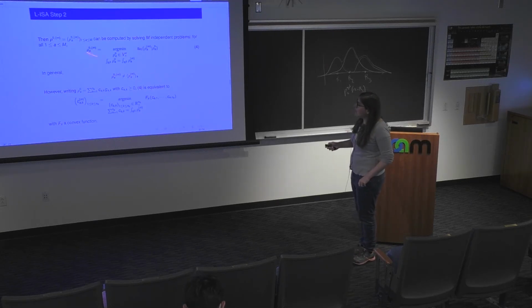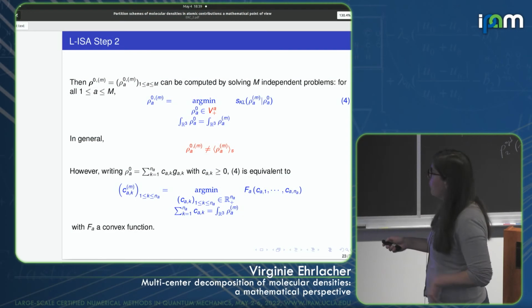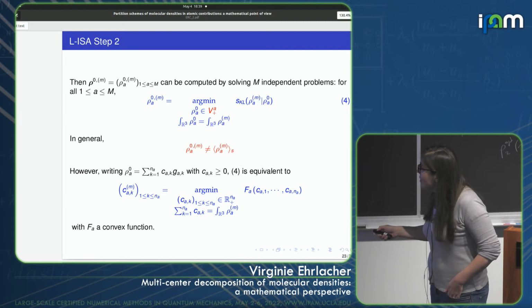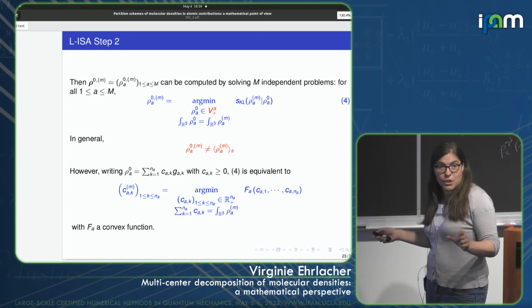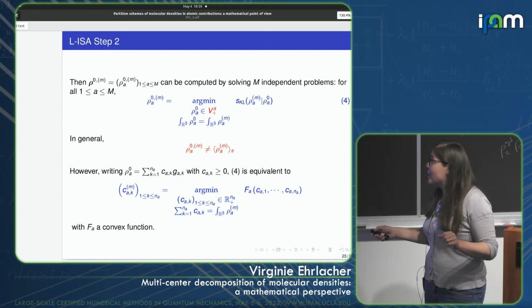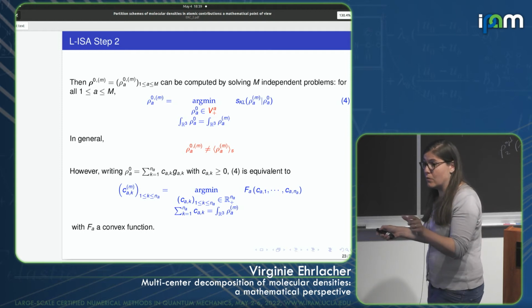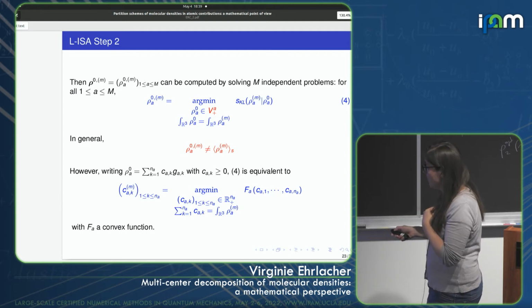So here, like before, this problem in step 2 can be solved with M independent problems. And for each atom A, the radially symmetric function associated to atom A at the nth iteration will be the solution to such a minimization problem. In general, then, this rho A0 at iteration n will not be equal to the spherical average of rho A at iteration n anymore, precisely because we constrain rho A0 to belong to some particular cone, spanned by a finite number of functions.